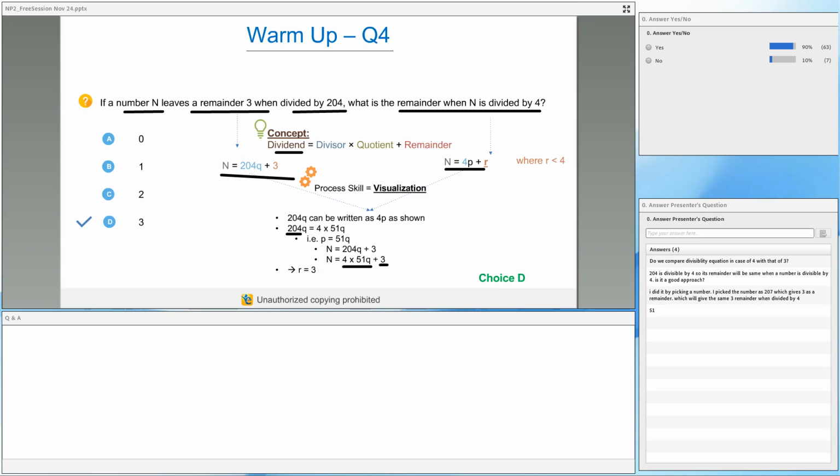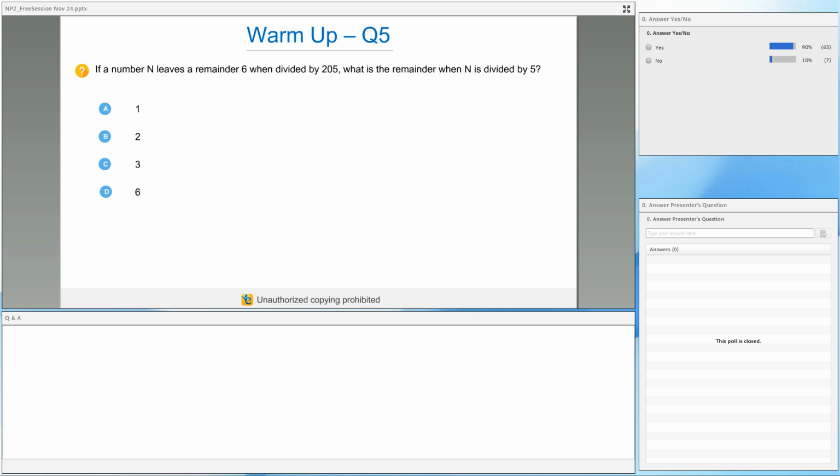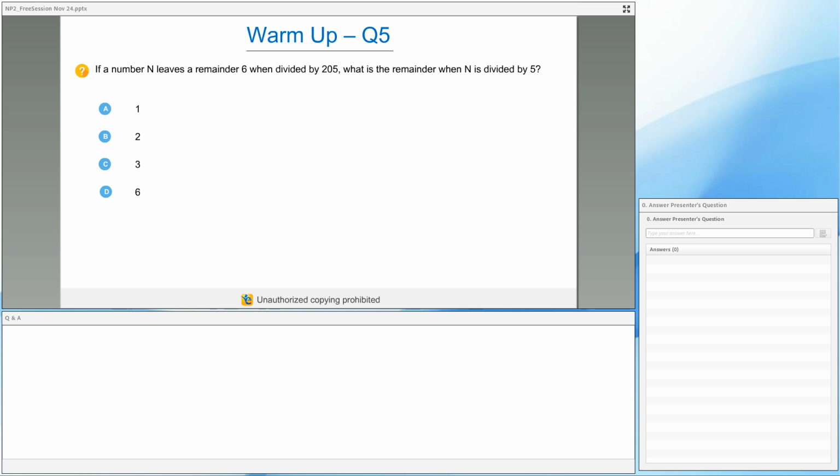So if this is clear, let's try a similar question, which is this. Once again, guys, if there are any more questions, please ask in the Q&A pod. Ashutosh will answer them. Let me bring up the poll, just one sec.